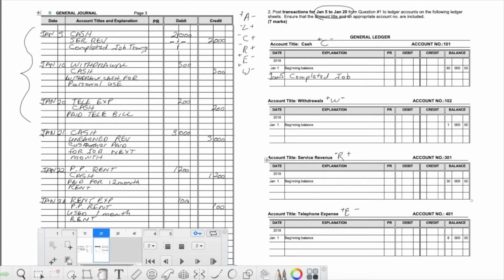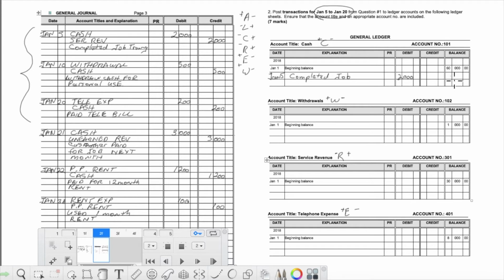And it was a debit, right, for $2,000. So it's a debit here, so we make sure we carry it over in the right spot. $2,000. Perfect.